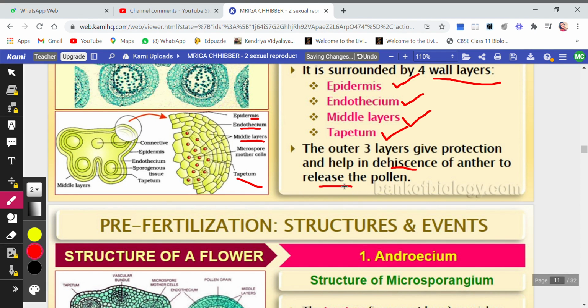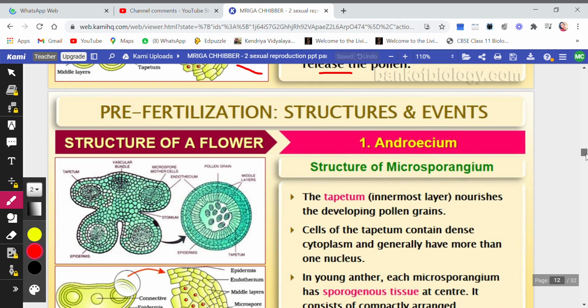When the anther is matured and ready to release the pollen, these three layers will dehisce, meaning they will dry up and burst open. The anther will burst open and release the pollen from inside. So these three layers are protective in function, and they dehisce so that pollen grains are released.